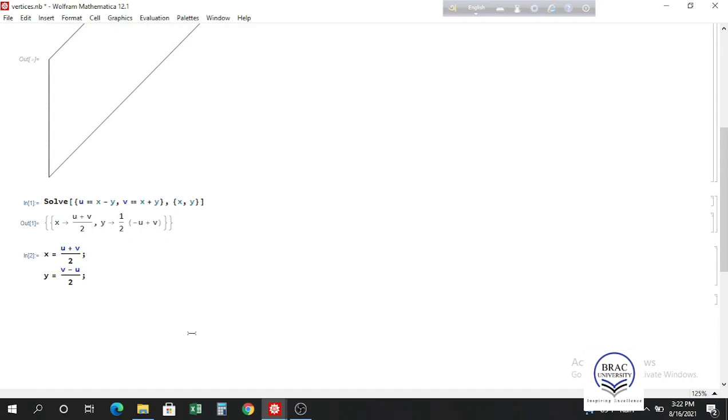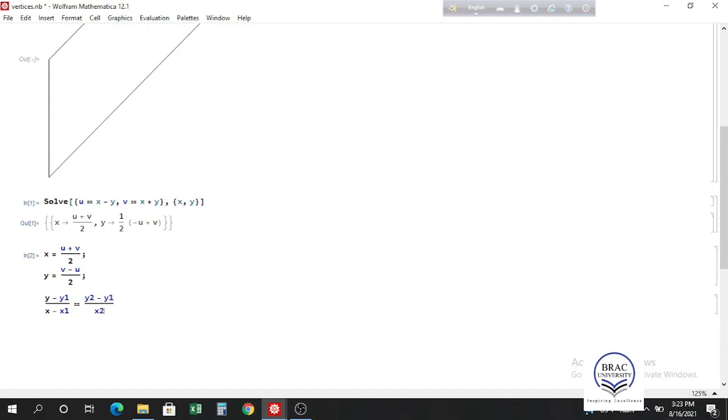So y minus y1 divided by x minus x1, double equals, I will write double equal because I will solve these equations, and then y2 minus y1 divided by x2 minus x1.